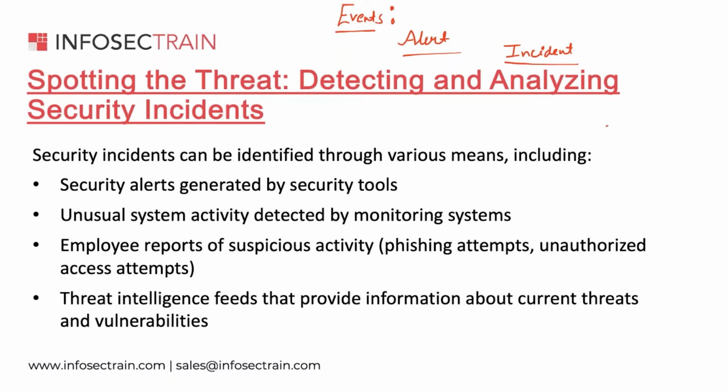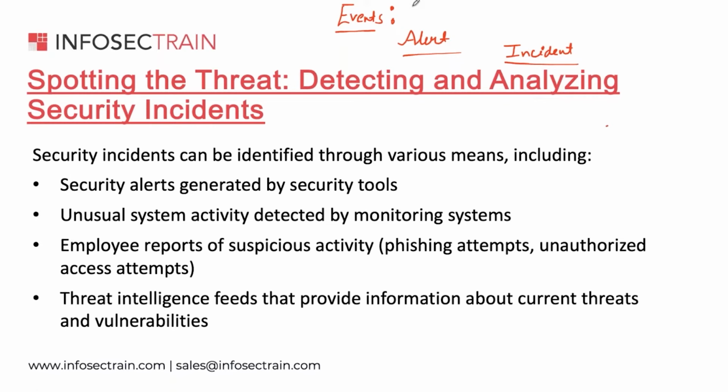And if I say it very properly, an event is any observable occurrence within a system, device, or application. It can be routine, informational, or indicative of a potential issue. I fail to log in, I succeed, I open a file, I close a file. Events are generated by various sources like system logs, security tools, user actions, and network activity.